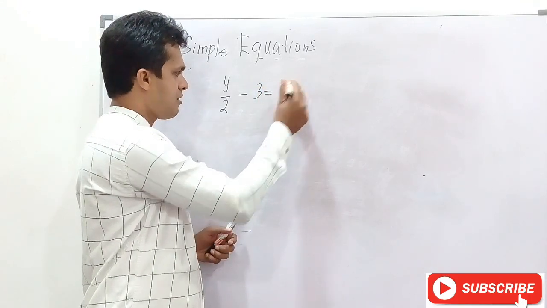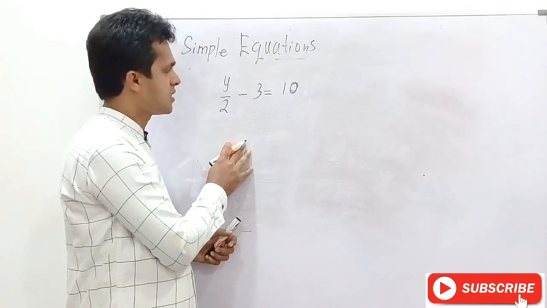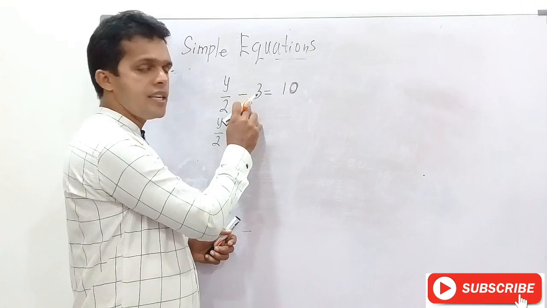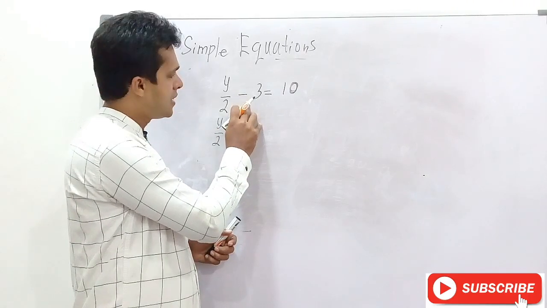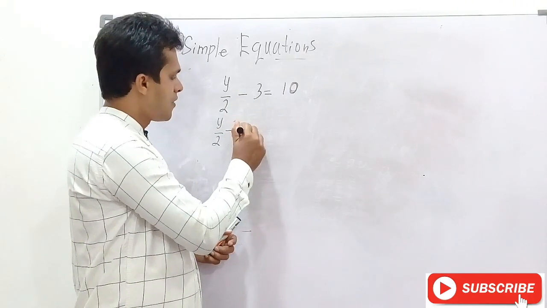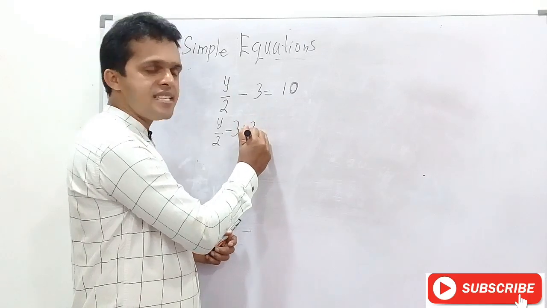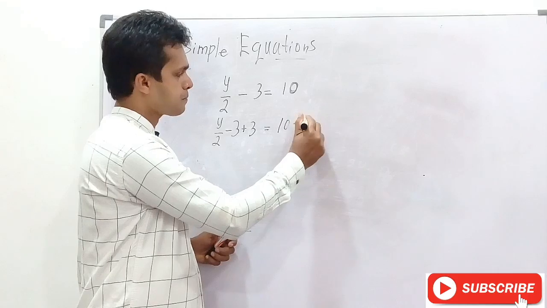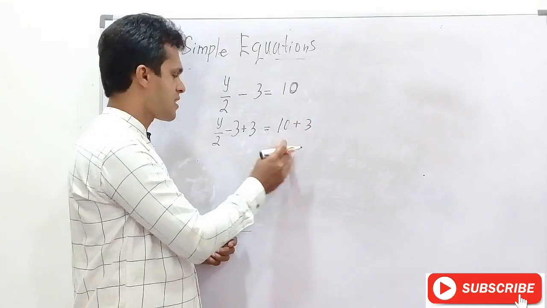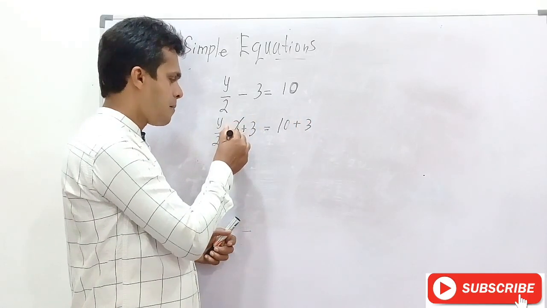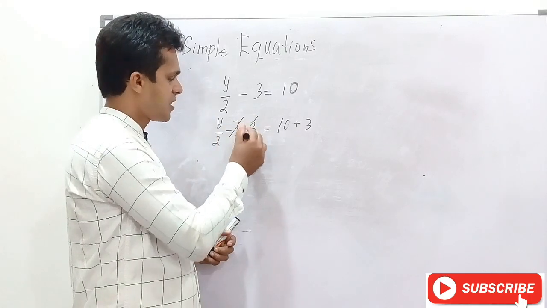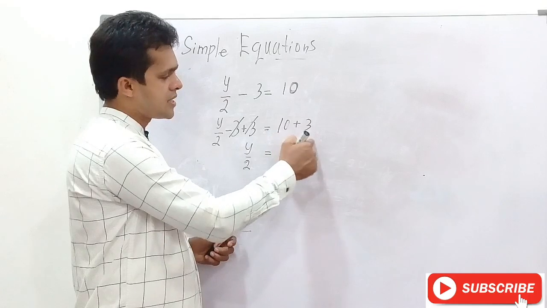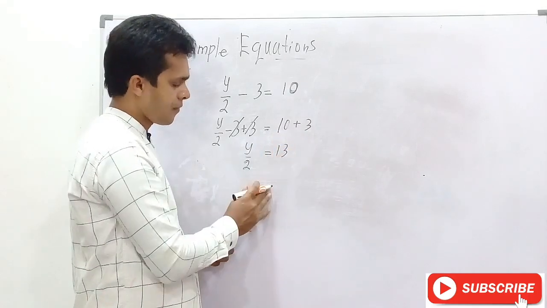Let's find the value of y of this equation. y over 2, here you could see minus 3, therefore add plus 3 to both sides. Now simplify minus 3 and plus 3. Now y over 2 equals 10 plus 3, 13.